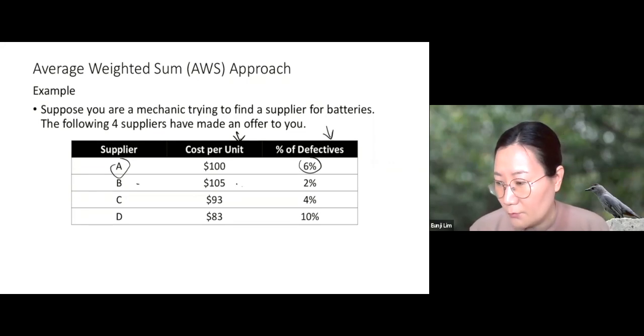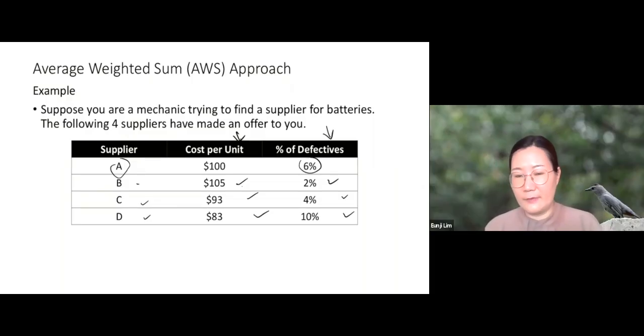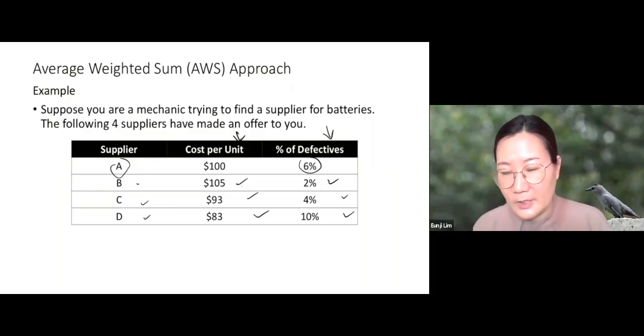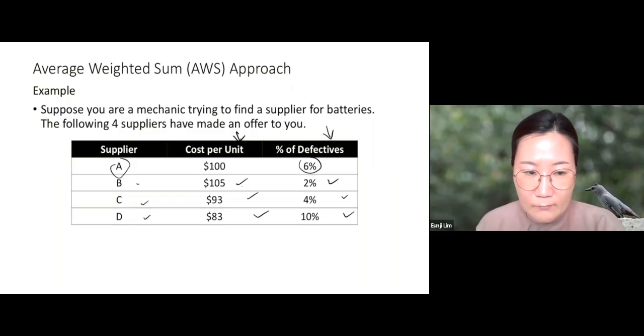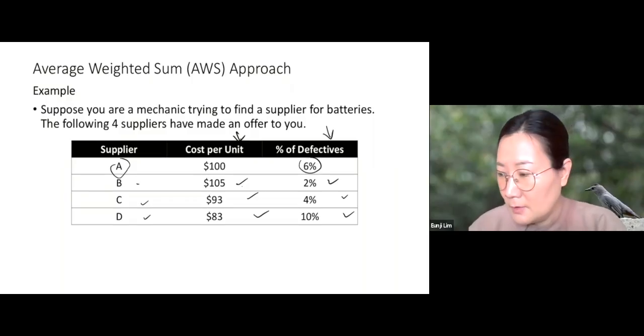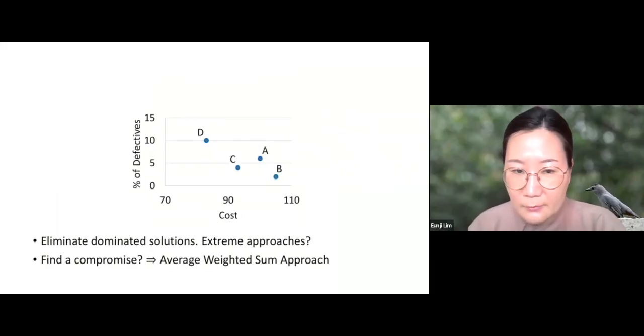B charges 105, contains 2% of defectives. C charges 93, contains 4% defective. D charges 83, contains 10% of defectives. So which supplier should you select? Now let's plot these options on the XY plane.